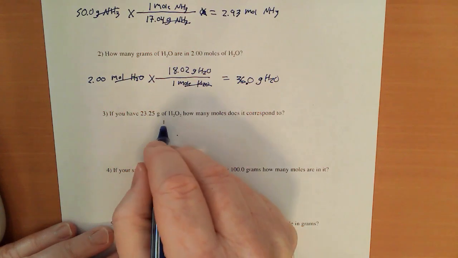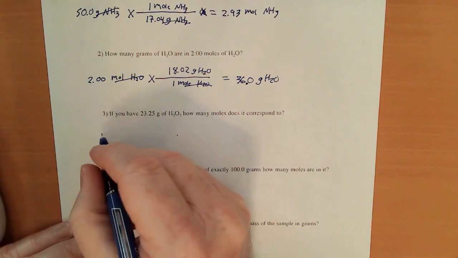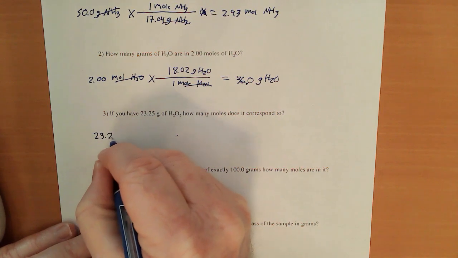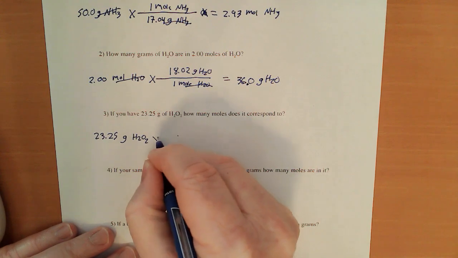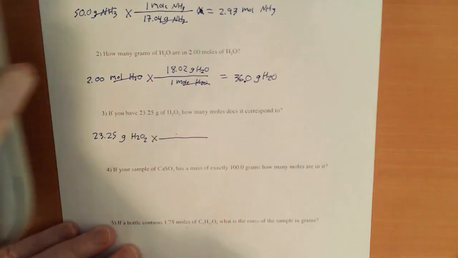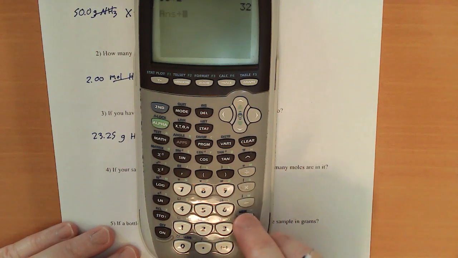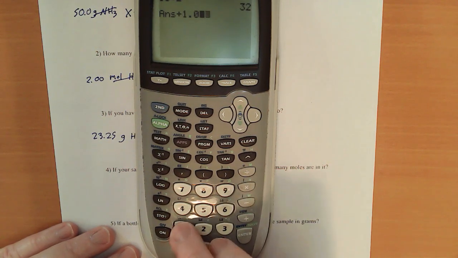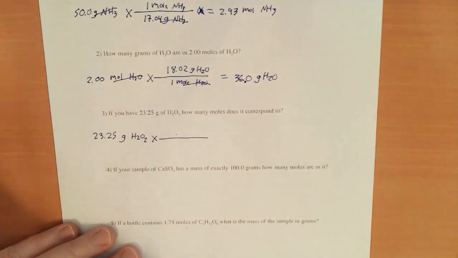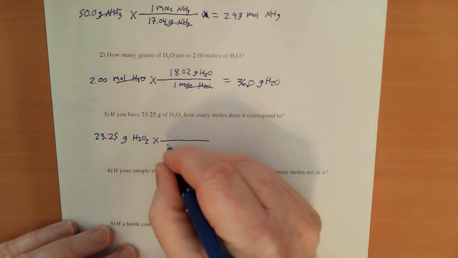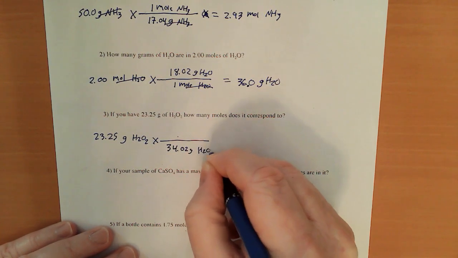If you have 23.25 grams of H2O2, how many moles does it correspond to? So, 23.25 grams H2O2 times. Now, let's just check that one out there. 16 times 2 plus 1.01 plus 1.01. Yeah, 34.02. So downstairs, 34.02 grams H2O2.